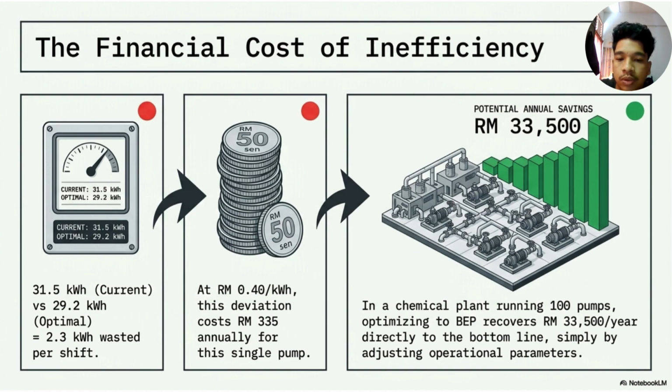At 0.4 ringgit per kilowatt hour, this deviation costs about 335 ringgit annually for this single pump. In a chemical plant running 100 pumps, optimizing to BEP recovers 33,500 ringgit per year, directly to the bottom line simply by adjusting the operational parameters.